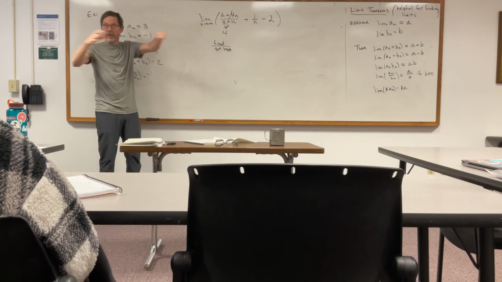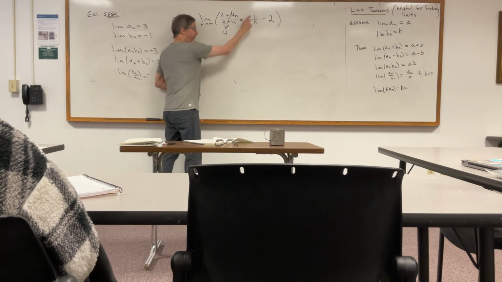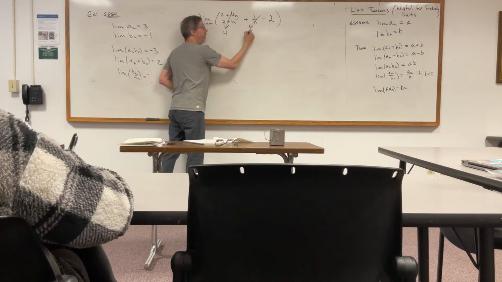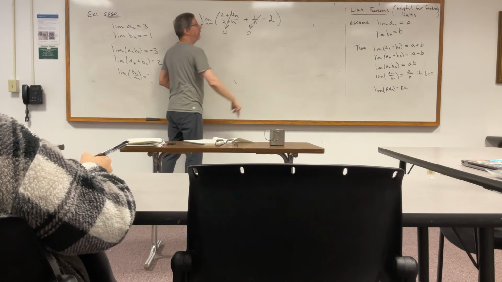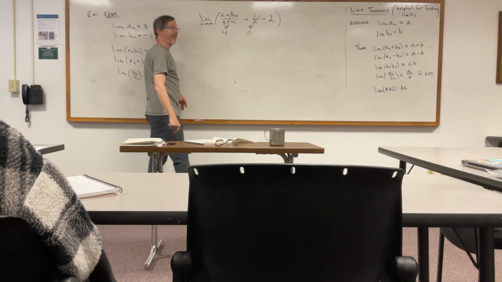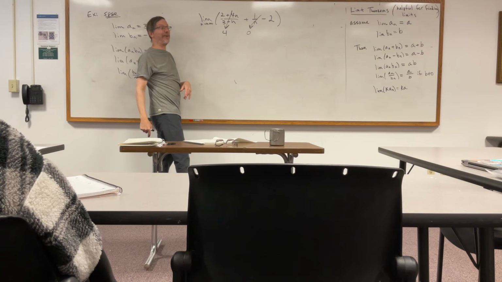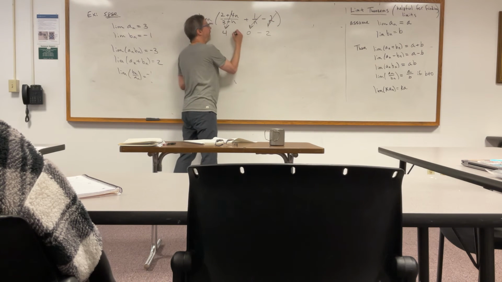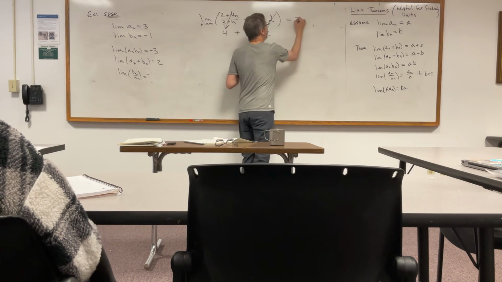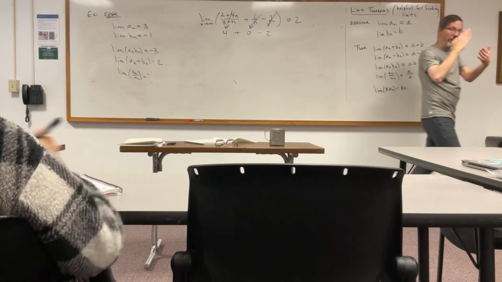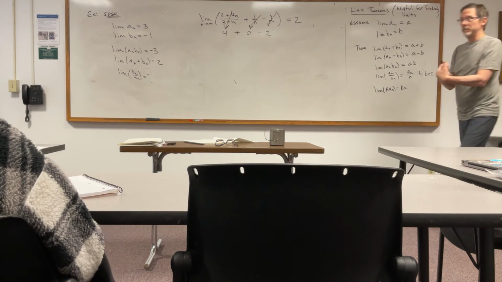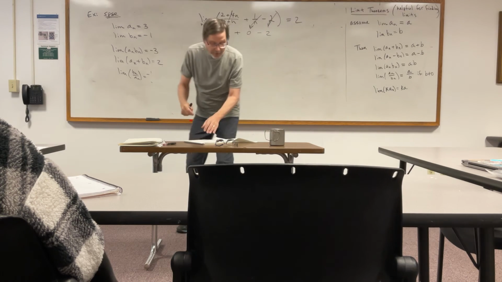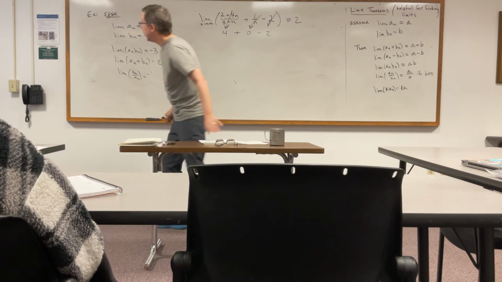Where's that going? It's -2 and it ain't moving. So the answer here is 2, because I can just add up those limits and do each little piece separately. Makes life easy. You can break it down into little pieces.